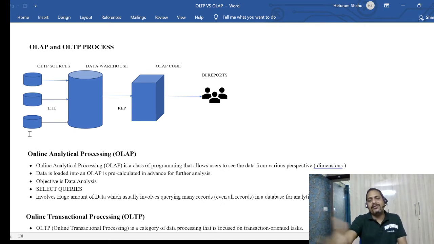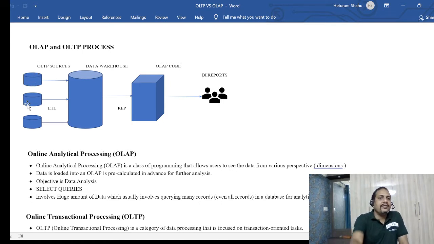One is the bank account, the second is the credit card service, and the third is the loan, providing loans to customers. These three databases store the data for these three different businesses of the bank. The bank operates across multiple locations and geographies, and the data is stored in all these databases.